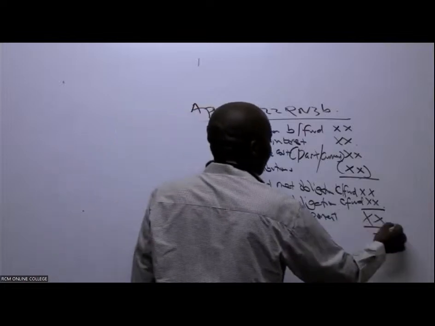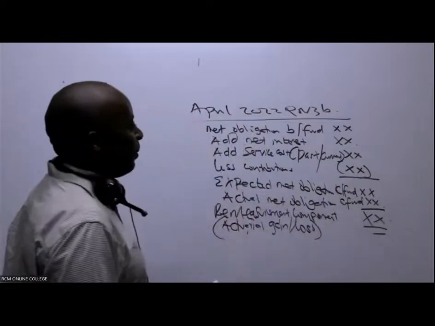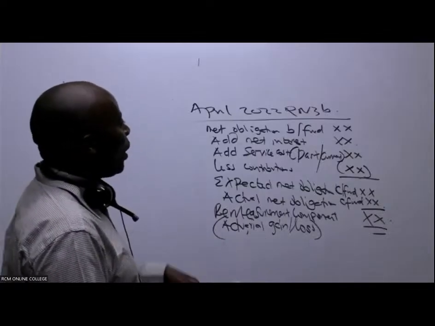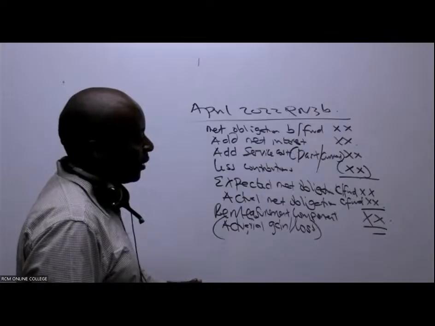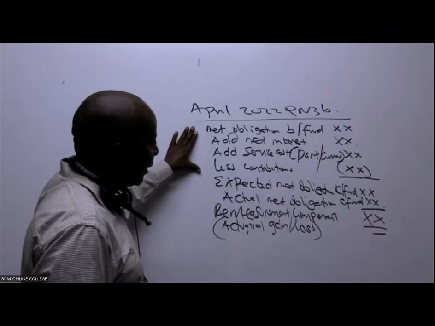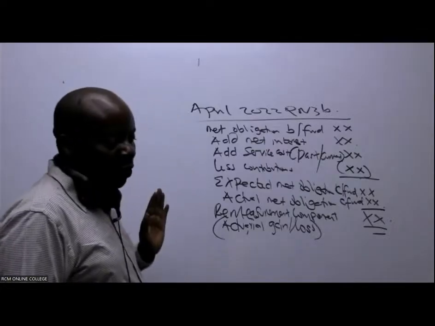Here, remember, any benefits that you pay to employees will never feature anywhere here. I'll be able to explain this, but benefits paid to employees doesn't feature here at all.